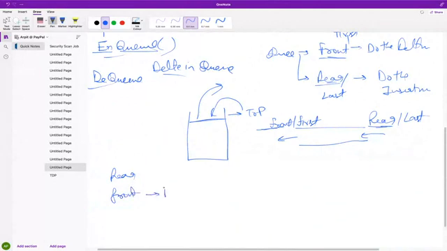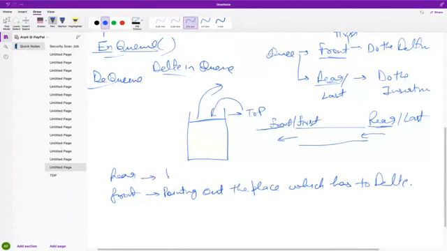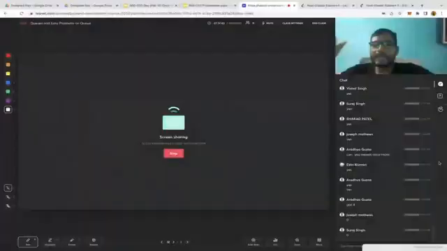So front will keep the index pointing to the place which has to be deleted, and rear will point to the place where the next element has to be inserted. Are we good with that?